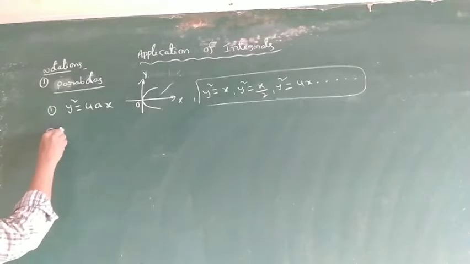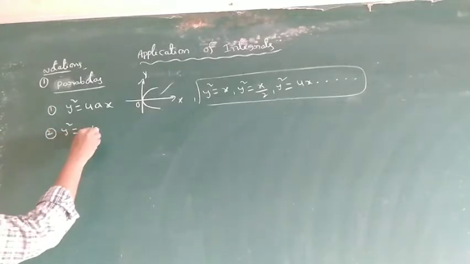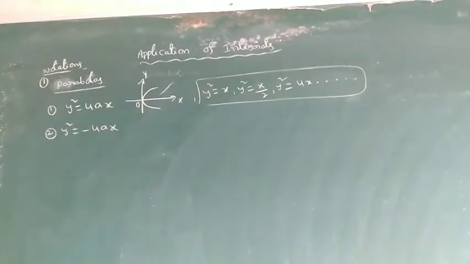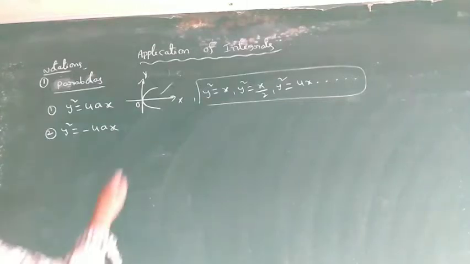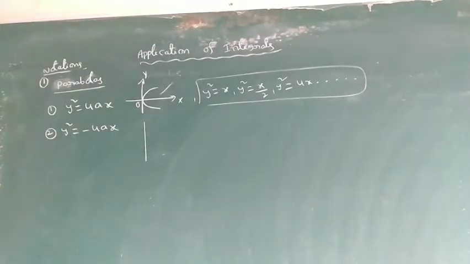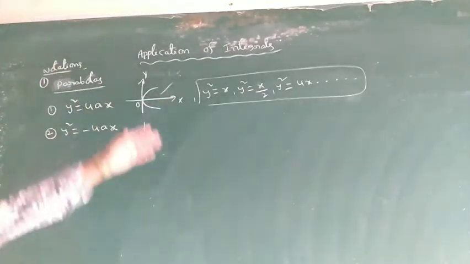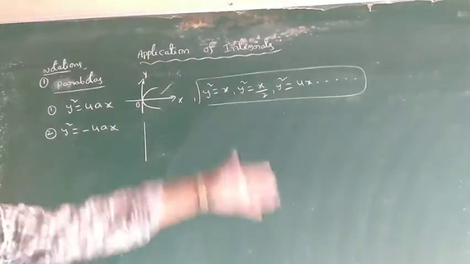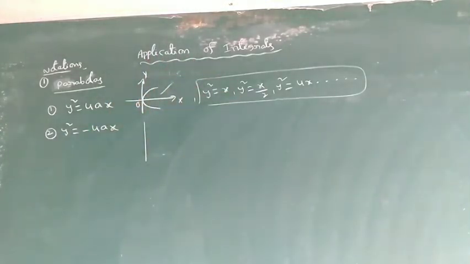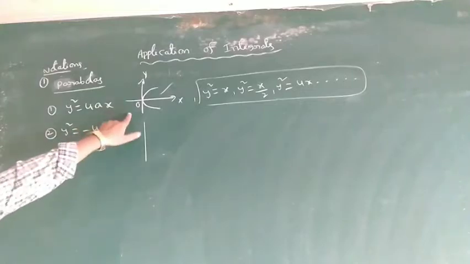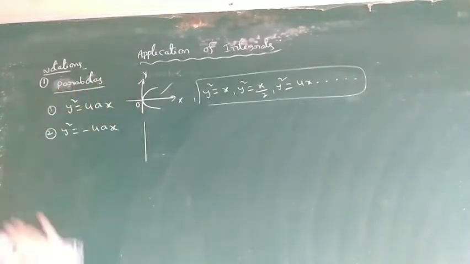Next, the second one is y square is equal to minus 4ax. You have to draw directly. We can draw directly y square is equal to minus 2x, minus 3x, or y square is equal to x, y square 4x. When this type of curves are given, you can directly draw the same diagram.